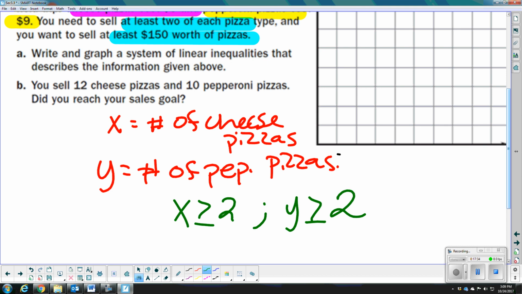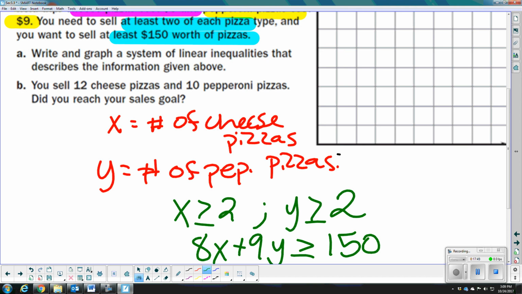So 8x plus 9y, the money from the cheese pizzas plus the money from the pepperoni pizzas, has to be greater than or equal to $150. Now that we have our 3 inequalities, this is our system of linear inequalities, we need to graph those.